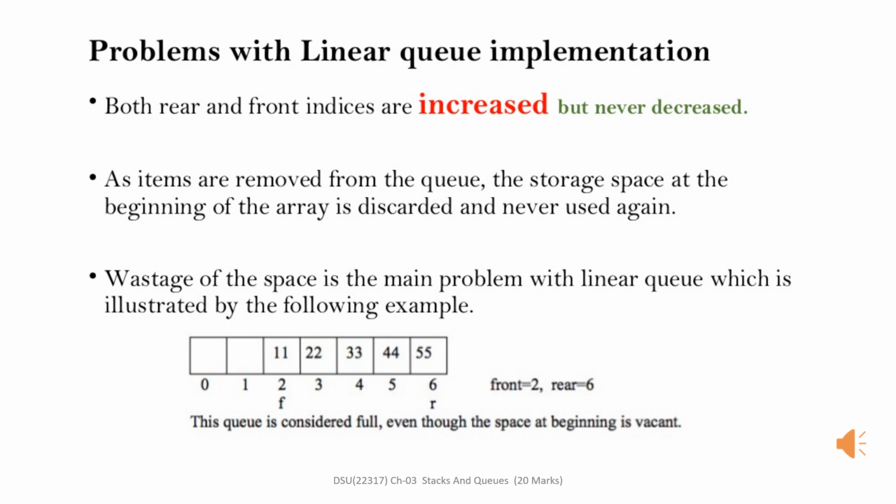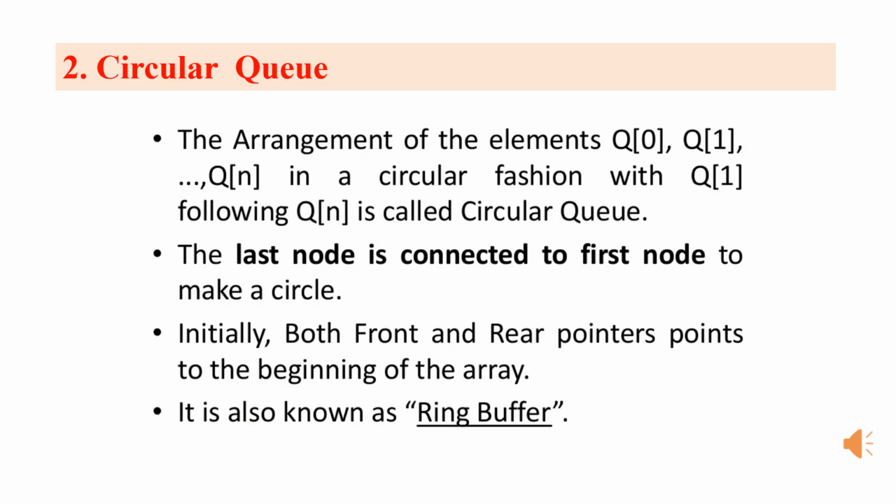To overcome these disadvantages of a linear queue, there is the circular queue, which makes memory reusable. So the second type is the circular queue. The arrangement of the elements q of 0, q of 1 up to q of n in a circular fashion, with q of 0 following q of n, is called a circular queue.